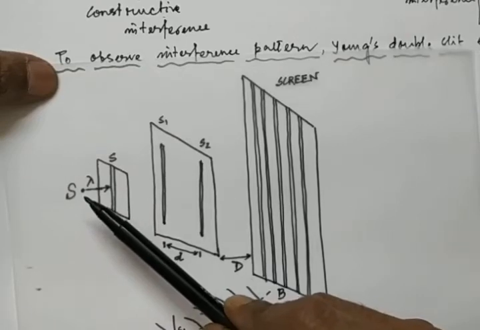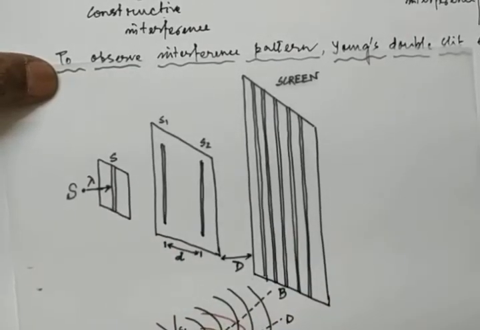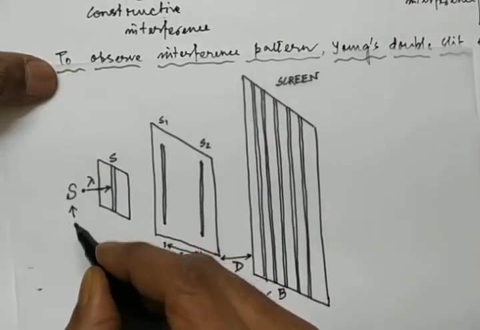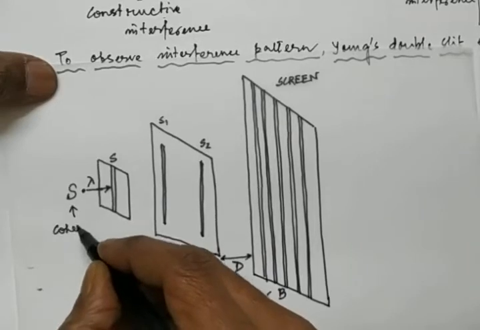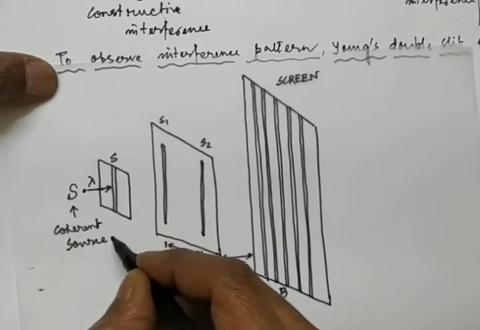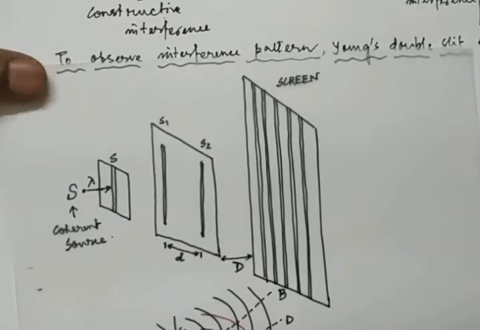So I'll be telling it as coherent source of light. Remember, this is called coherent source. What is coherent source? I'll tell it later. Wait.